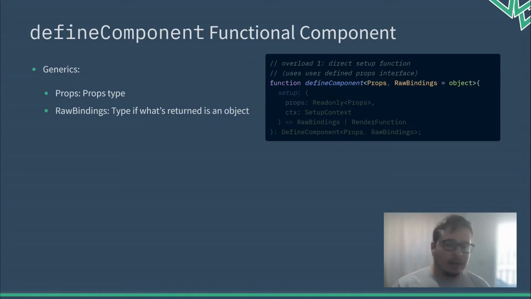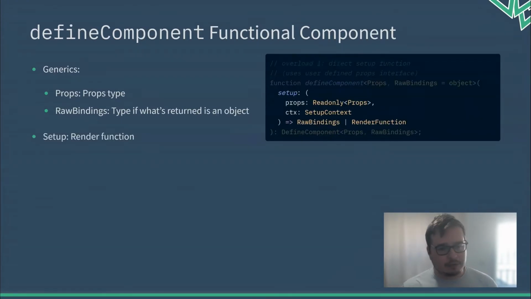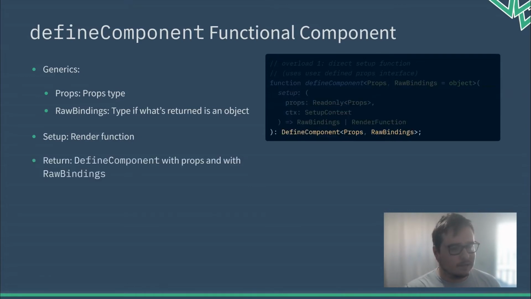So we have the prop types and the raw bindings, which are the generics for us to get the props. Then we have the actual render function, the setup. It can either return raw bindings or a render function. And it returns a defined component, props, and raw bindings.